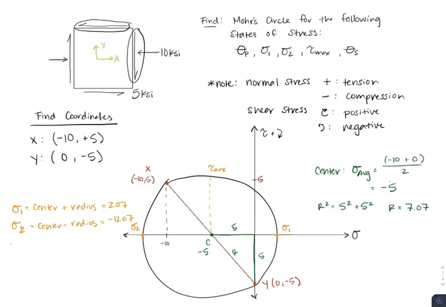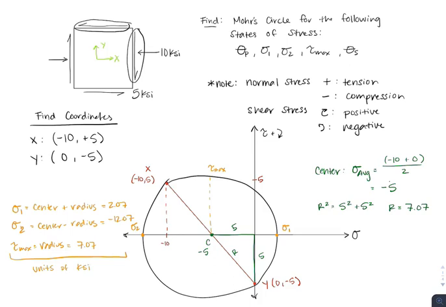Lastly, our tau max, our maximum shear stress, is just equal to our radius, since it's the top of the circle, so it's equal to 7.07. It should be noted that all of these values are in units of ksi.